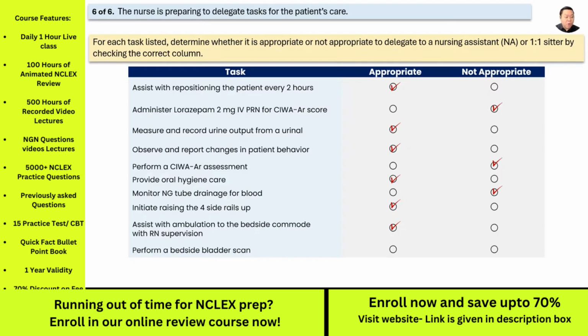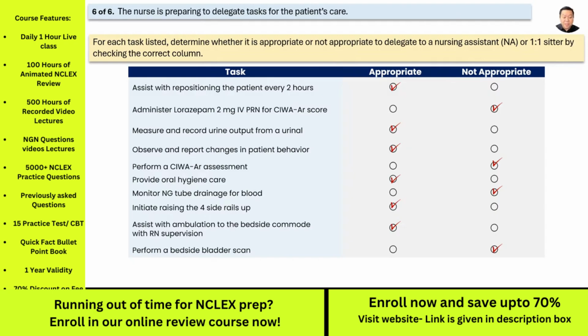Next is perform a bedside bladder scan. This is not appropriate to be delegated, because this one requires knowledge of anatomy, the operation of the machine, and the interpretation of the results. Even though some NAs may be trained to use the bladder scanner in specific facilities, this is generally considered a technical task that falls under the nurse's responsibility.